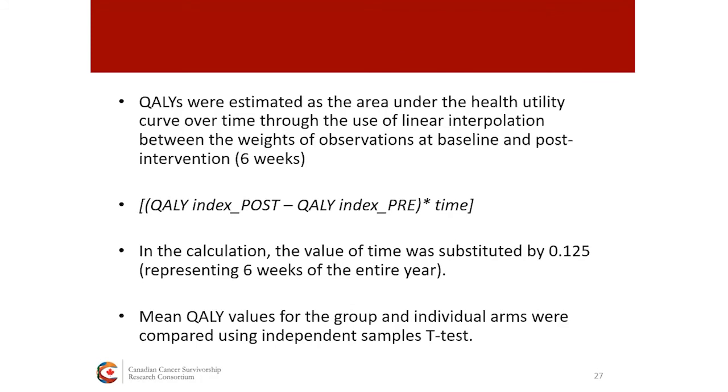We wanted to determine any change in quality of life over a 6-week period from the start to the end of the intervention. This is how we calculated the change in quality of life across the 2 arms. The time factor here was substituted by 0.125, which indicates 6 weeks of the entire year. Then we compared the mean quality values for the group and the individual arms using an independent samples t-test.